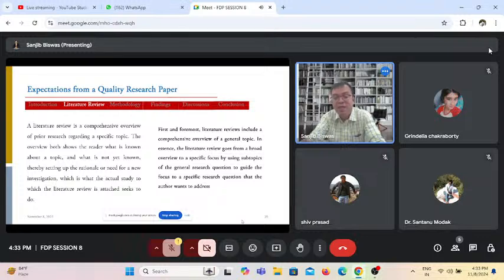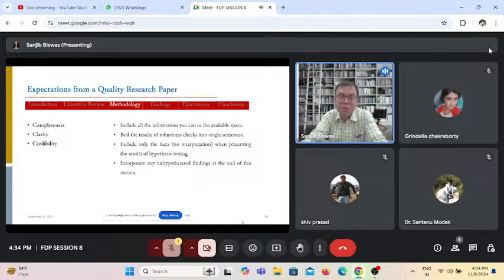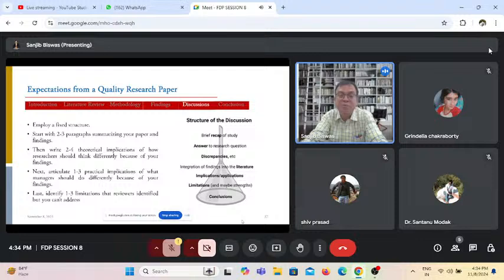It must highlight a critic's view of the past studies: what has been done and what has not been searched out. Then the methodology should have completeness, clarity, and credibility, and we come to the discussions.